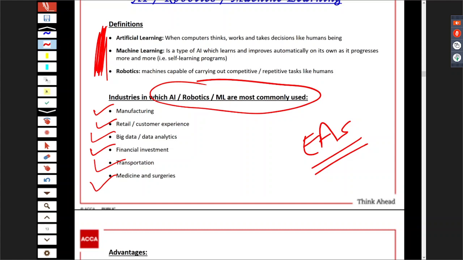Things have changed to a certain extent that now machines are replacing humans. What did I say? Machines are replacing humans. Do you know that Amazon has one outlet, I think in Dallas or Chicago, which has zero employees?